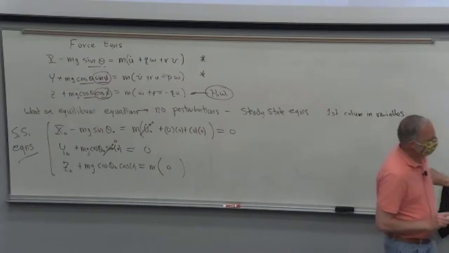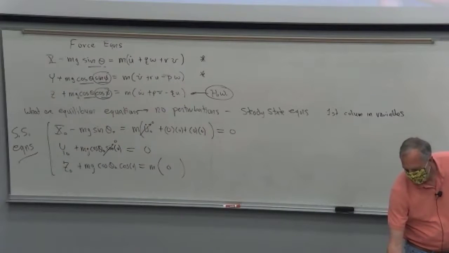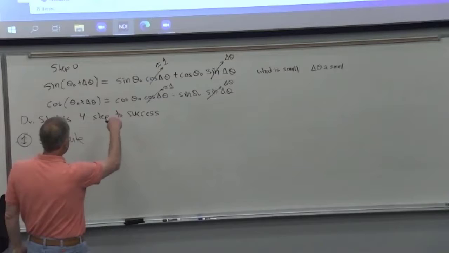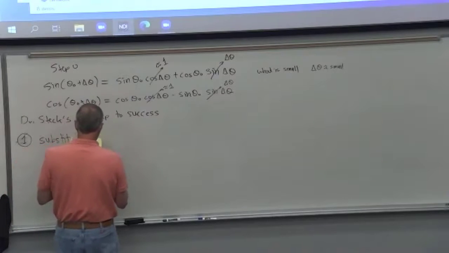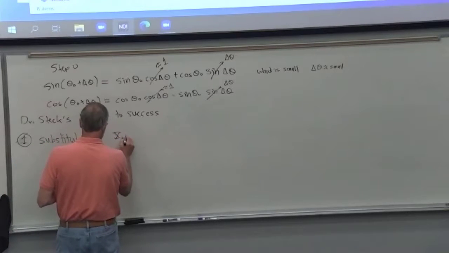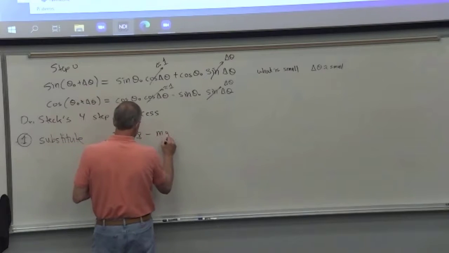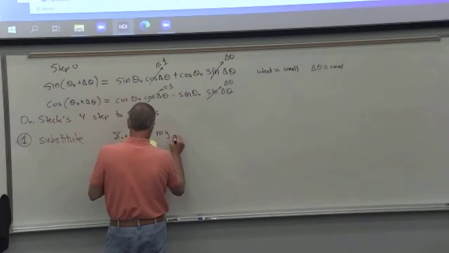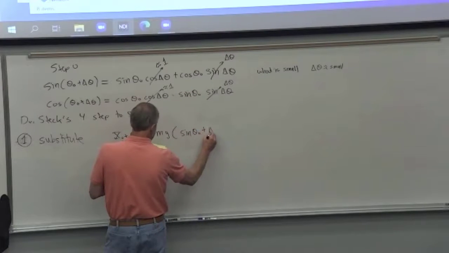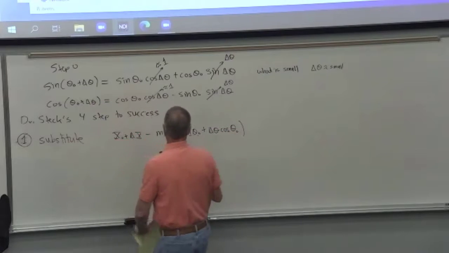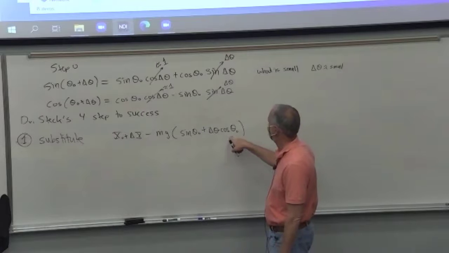So we're taking that list that I had on the board over here earlier, the list of steady state plus small perturbation. Every time there's a variable here, we substitute in. So we get, and there's the work we did for the sine of theta 0 plus delta theta.